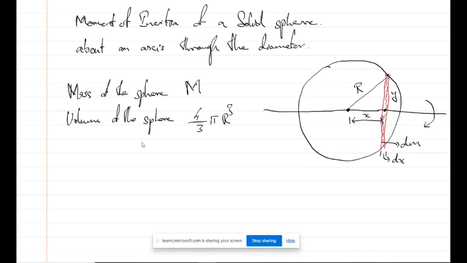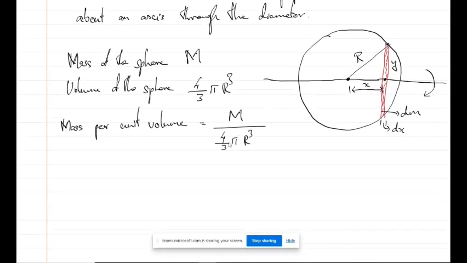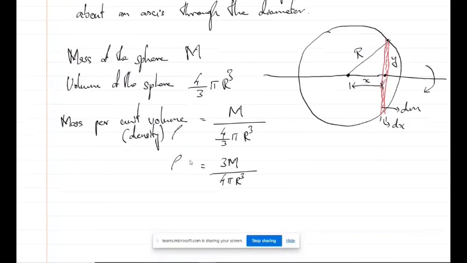Mass per unit volume is the total mass divided by the total volume. Simplify by taking the 3 to the numerator, and that becomes 3M by 4 pi R cube. Mass per unit volume is called density, and the symbol is rho.